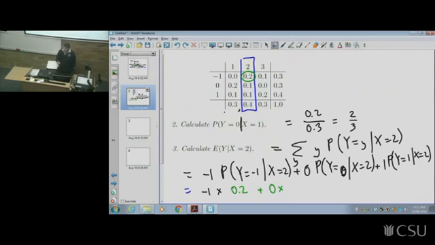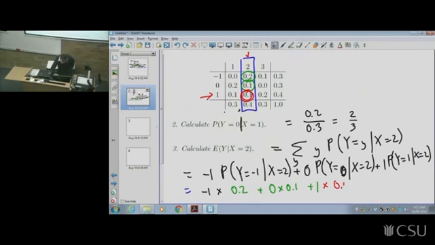It happens to be 0.1, just put whatever. Plus 1 times 0.1. So the probability that y equals 1 given x equals 2 would be that number.